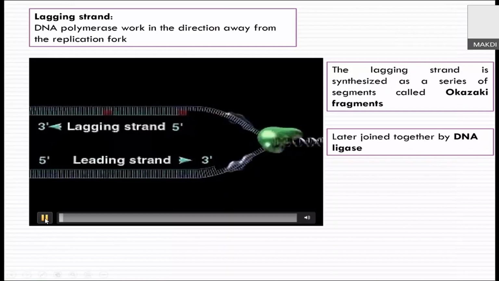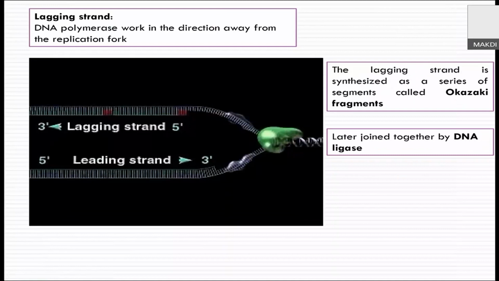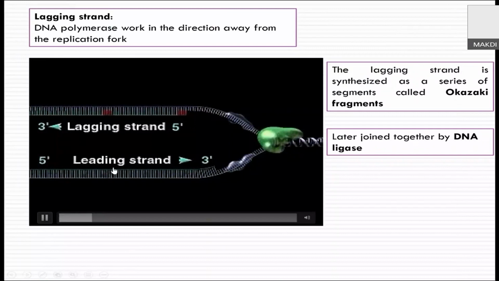the other new strand is called the lagging strand. The lagging strand is a bit different. The lagging strand cannot be made continuously because DNA polymerase can only add nucleotides at the 3' end. Instead, the lagging strand must be made of fragments that are linked together. Despite their names, the leading and lagging strands are actually made at the same time.